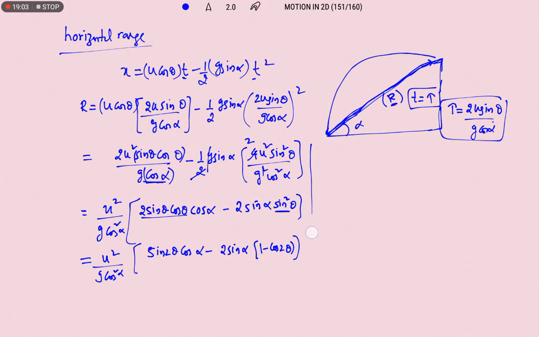Now let us simplify. So u square by g cos square alpha, sin 2 theta cos alpha minus 2 sin alpha, sorry, we are writing 2 sin square theta as 1 minus cos 2 theta.